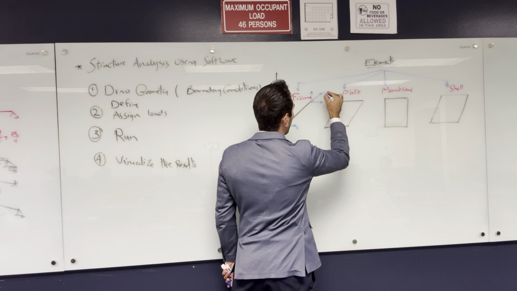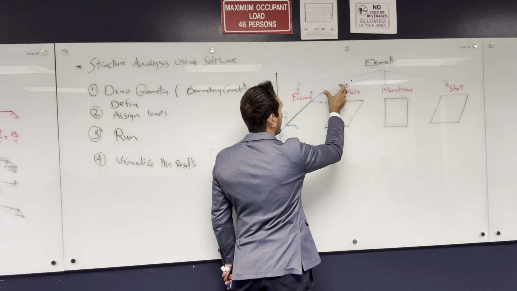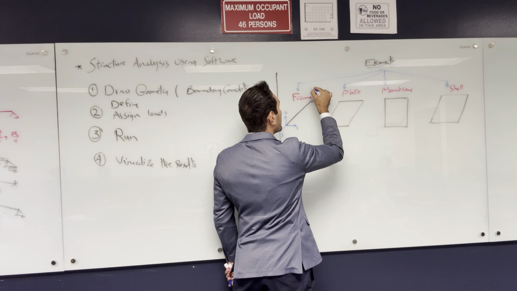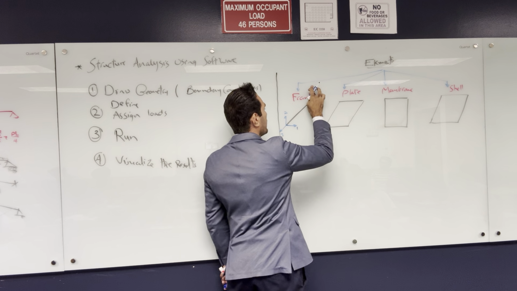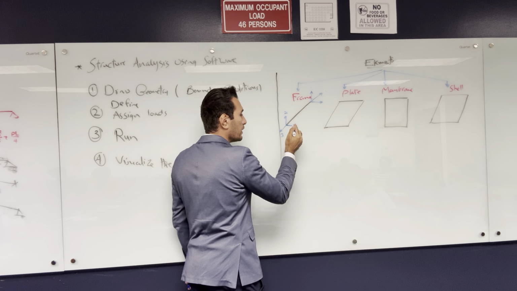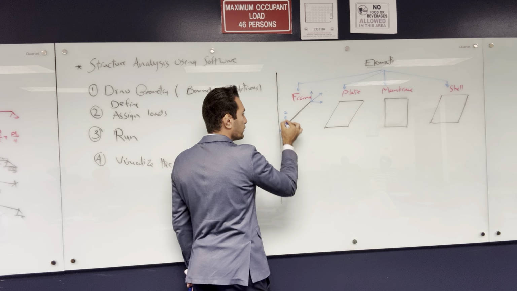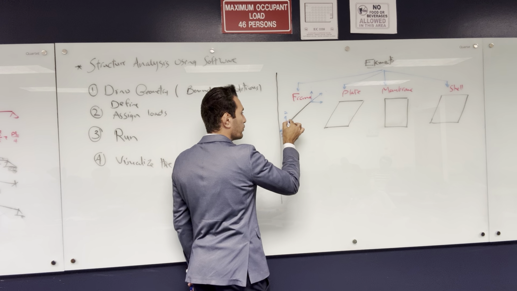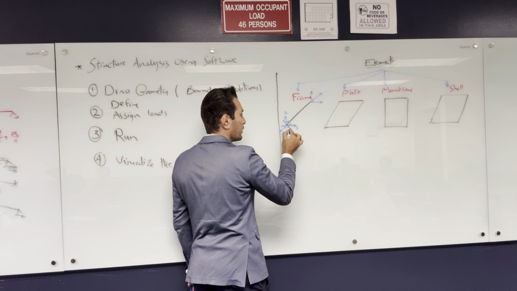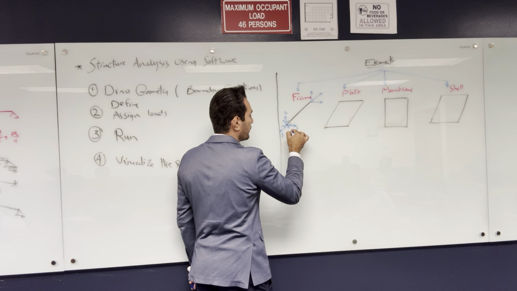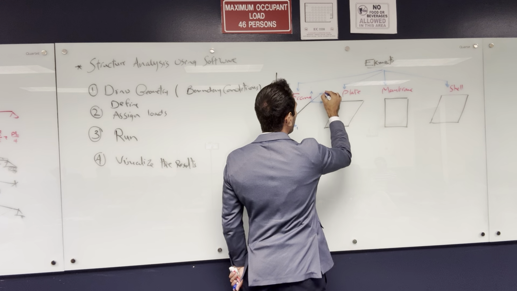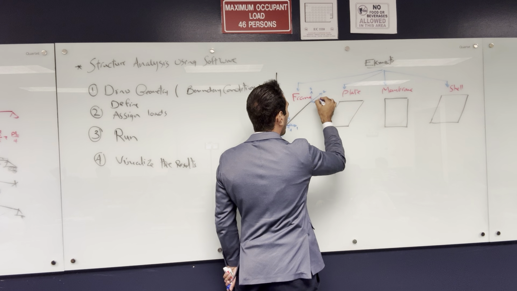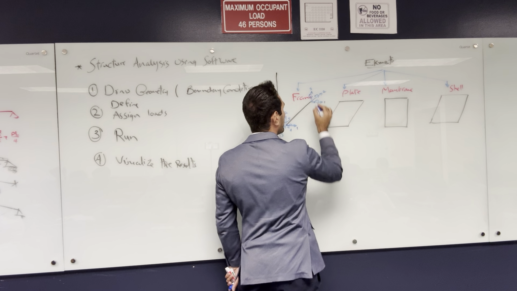It has 6 degrees of freedom at each node. 6 degrees of freedom, 3 translation and 3 rotation. So I have 1, 2, 3, and I have rotation here, and rotation here. That makes them 6. So 1, 2, 3, 4, 5, 6. Same thing here.